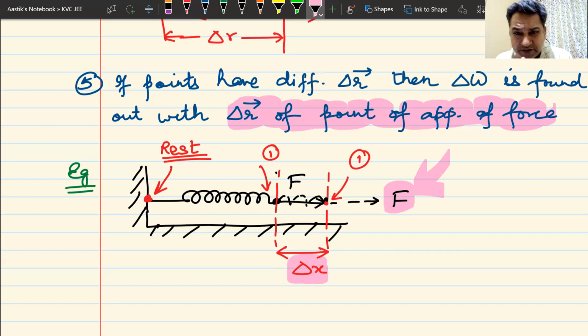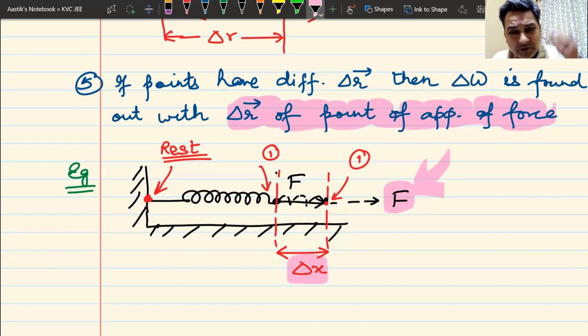Can I have some response that we understand this? So right now in our discussion in this class for this topic, only this particular case, we will have different displacements for different points. And in this case, we have to find the displacement of the point of application of force.